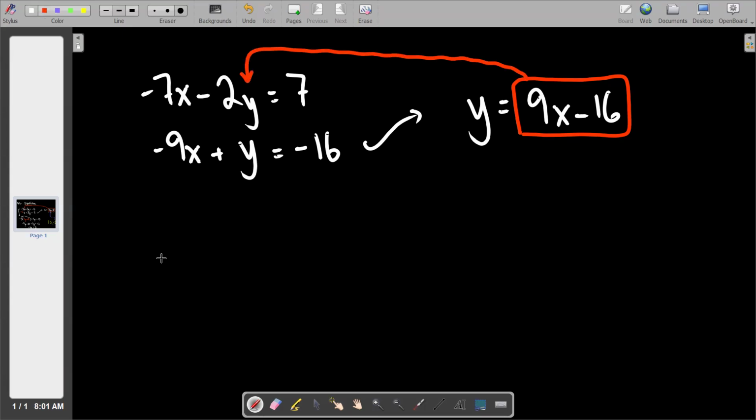And the top equation will now say -7x minus 2 times awkward void equals 7. Good. And into that awkward void, we're going to put the contents of the box, 9x minus 16. And as always, look what we did. We created an equation that we can solve.